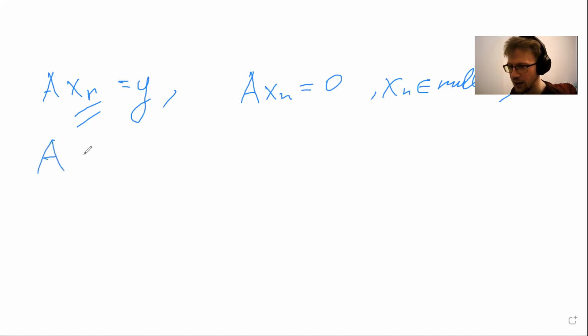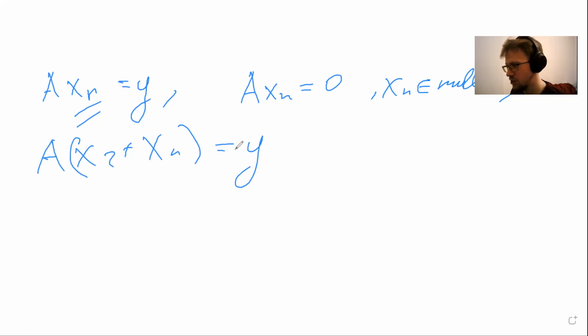Okay, so this element now, Xr plus Xn, is also equal to Y. So you would think it is also an element of the row space because it produces non-zero output. But it isn't. Why? Because any element of the row space has to be orthogonal to any element of the null space. So the dot product of any element of the row space with an element of the null space has to be 0.